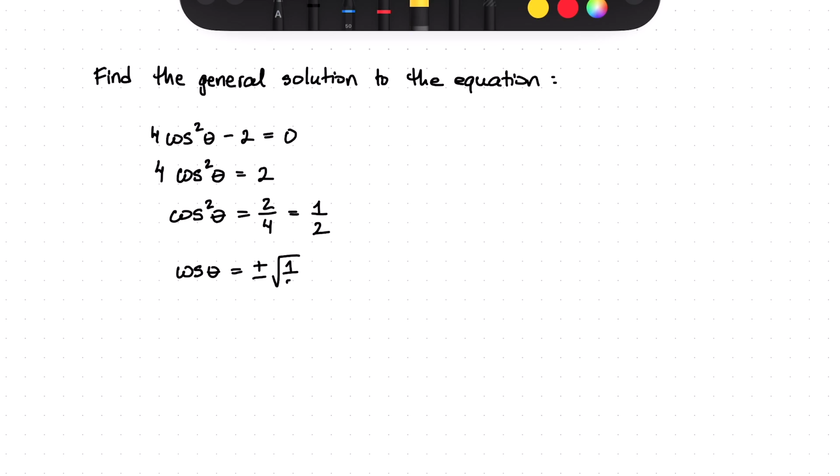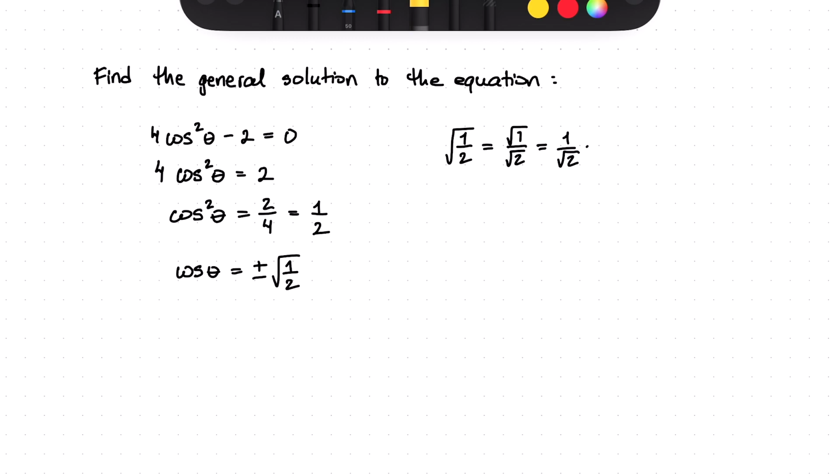Now I want to do some stuff with the square root of 1 over 2 because it looks kind of iffy. The square root of 1 over 2 is going to equal the square root of 1 over the square root of 2, and that's equal to 1 over the square root of 2. Now this still looks iffy, so I'm going to multiply by the square root of 2 over the square root of 2, which is just 1.